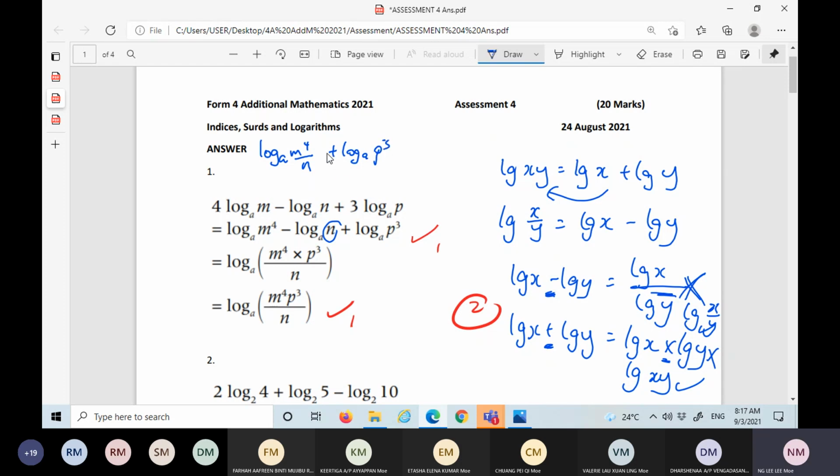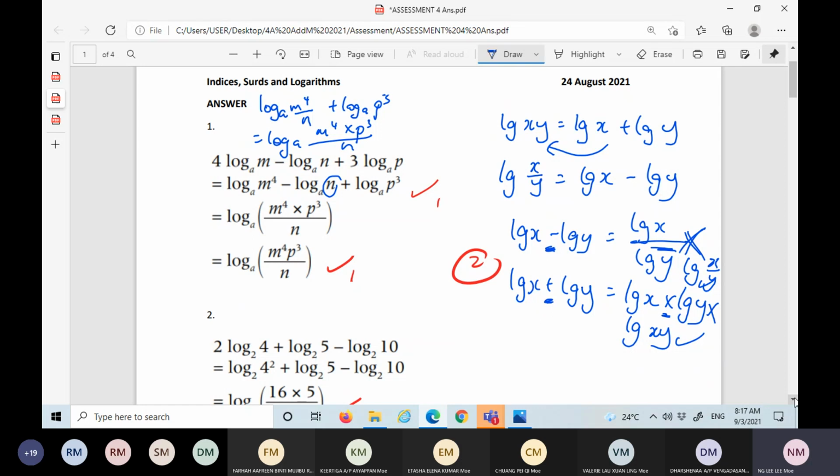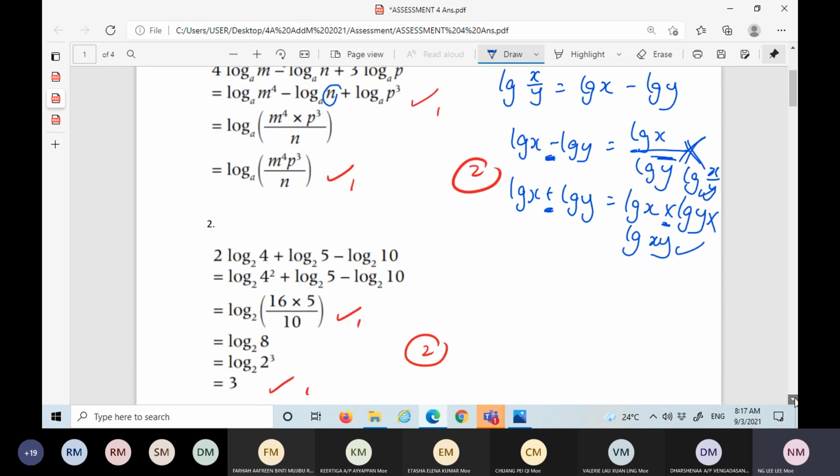One more step, this is plus, so this is times. I think a few girls also make this kind of mistake. They put the p to the power 3 at the denominator. So it's wrong. If you are still not very firm in this chapter, please do more exercises by yourself.